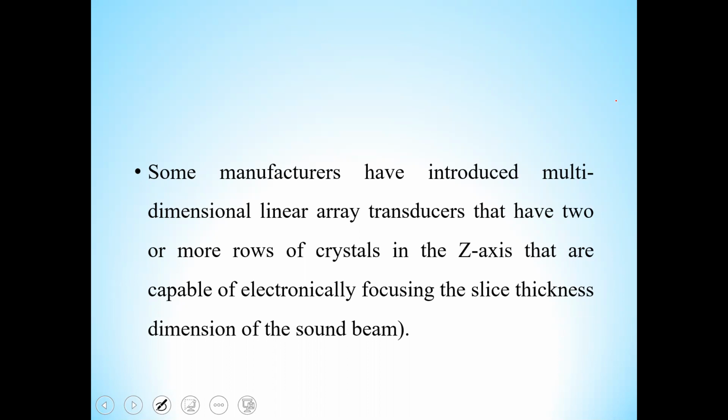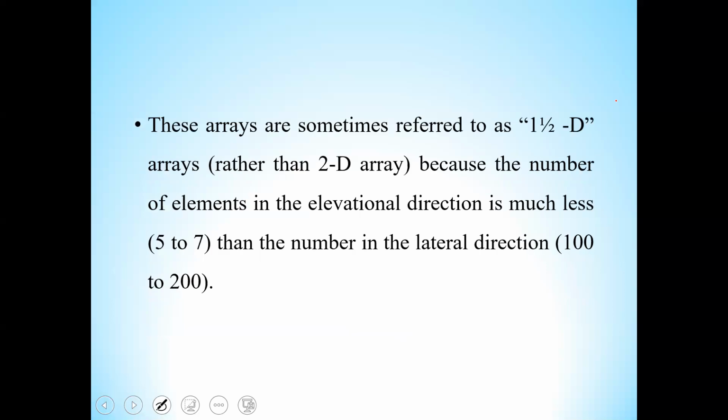These are also called 1.5D transducers, because the number of elements in the elevational direction is much less, 5 to 7, than the number in the lateral direction, 100 to 200. So the beam can be focused thickness-wise as well as width-wise.